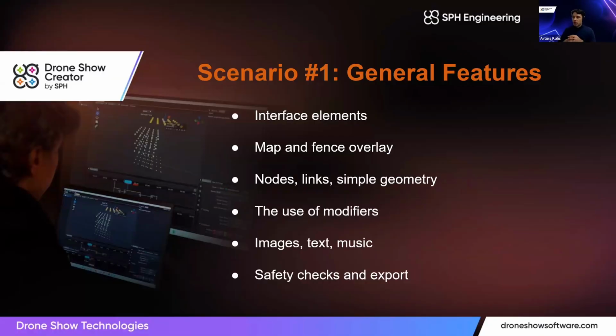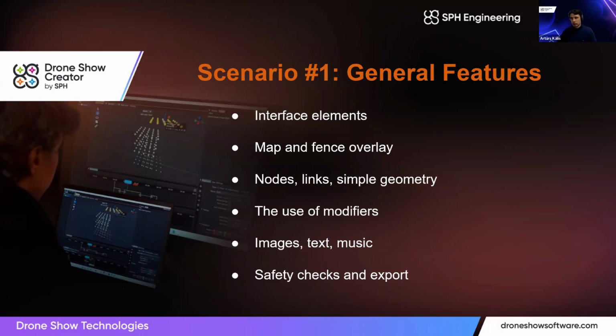Our first scenario is going to show you the interface elements, the map and fence overlay. It means that we have a map in the Drone Show Creator, as well as the ability to set the bounds for your show within the design software, so you can keep your design clearly within the necessary limits.